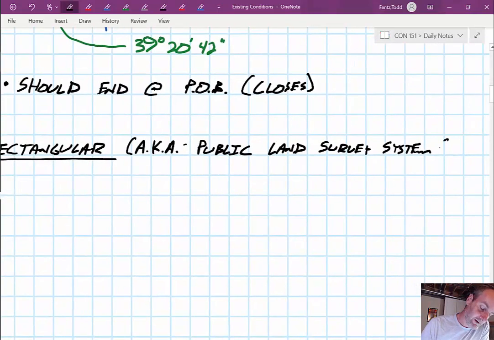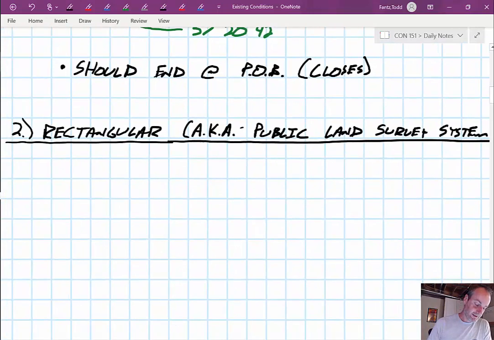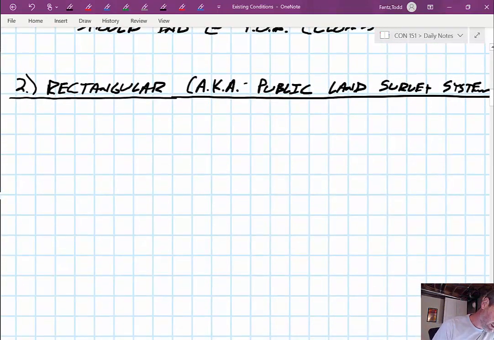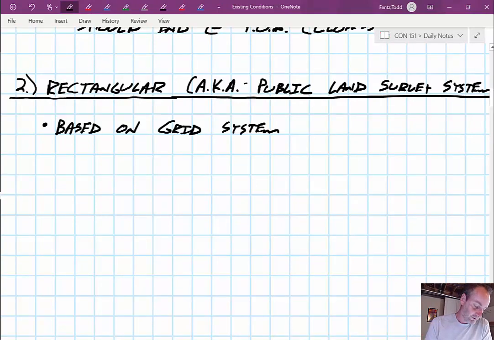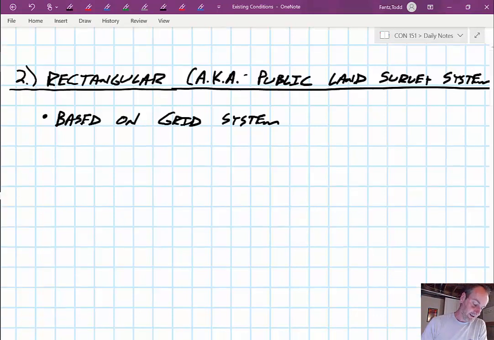And that'd be abbreviated PLSS. Now, of course, as you can tell from the definition, it is rectangular. What this is based on is a grid type system. And this is the most prevalent, used even today, and because of that, I'm definitely going to spend the most time on it. But let's start with the idea of a grid.